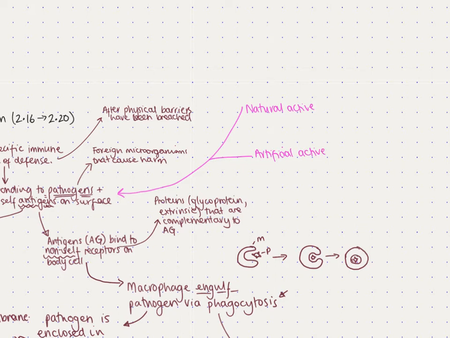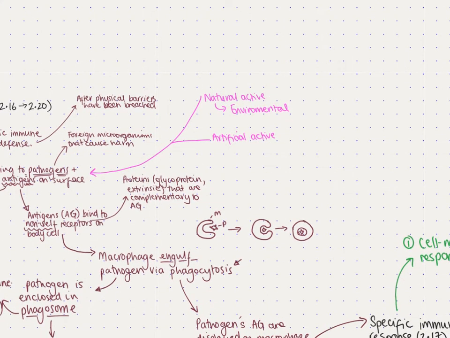And the natural active, if we remember, is when your environmental pathogens are going to trigger a response. So this is how we respond to things. If you've got a cold at the moment, that's how your body is fighting it.